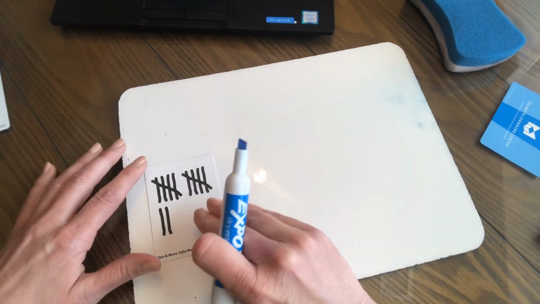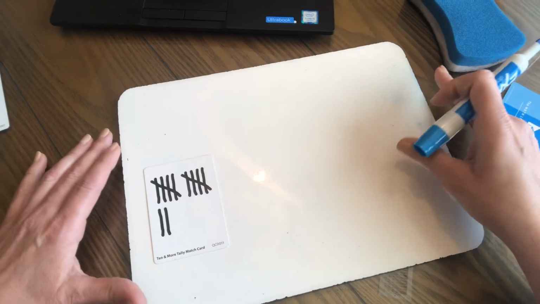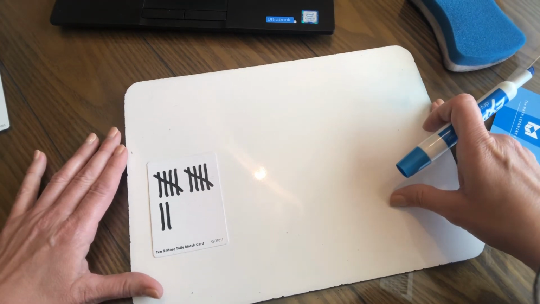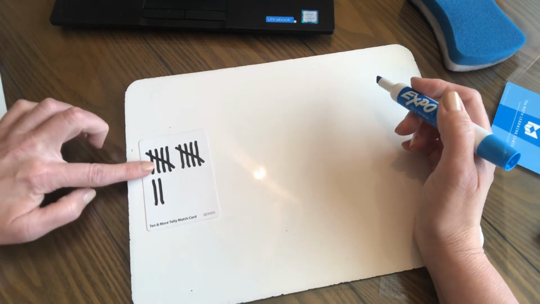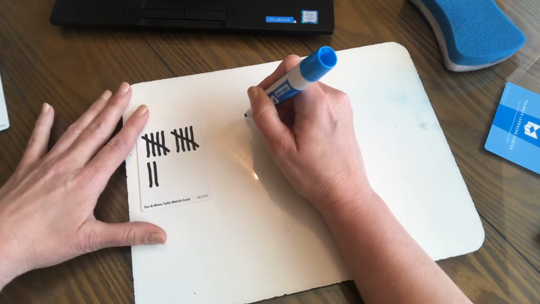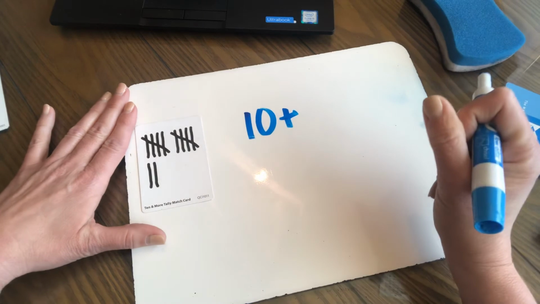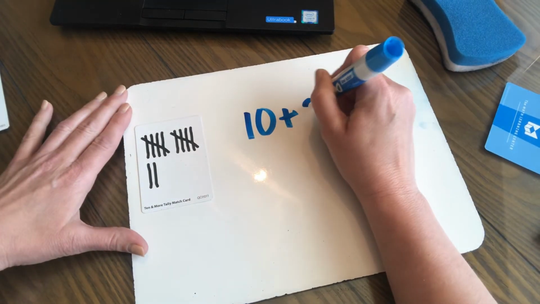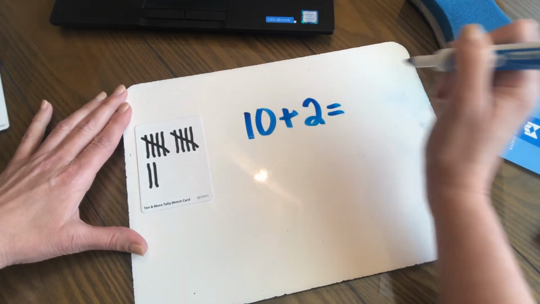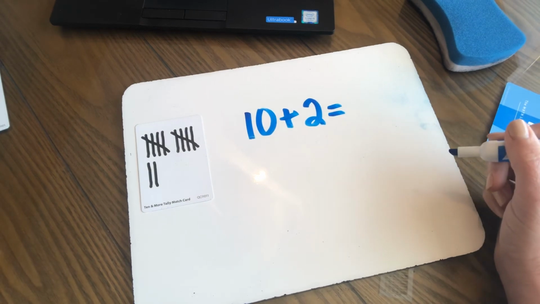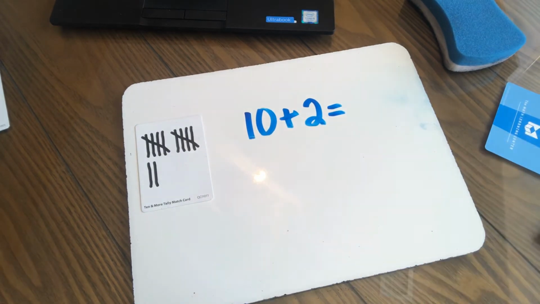Let's do 2 more and then we will be finished. All right, let's look at this tally card. I notice that we've got 10 on top that I'm just going to recognize right away, and 2 more. What number do we call 10, 2?